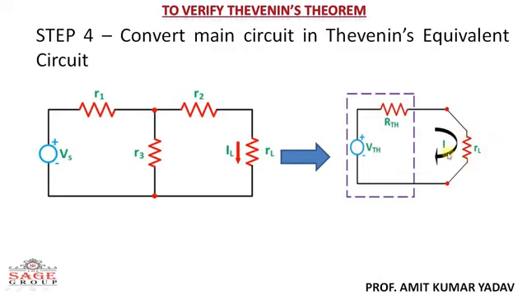Now what is the value of I here? Here I is your load current, IL, and it is calculated using the formula IL equals VTH upon RTH plus RL. So this is the main formula of the Thevenin theorem through which you can calculate the load current.